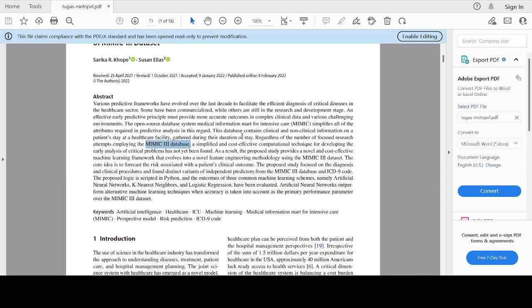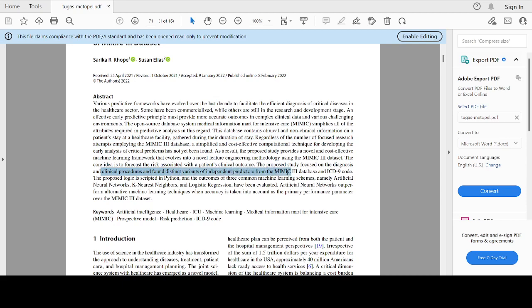It's also based on real hospital data, and it's already coded. I forget the terms, but it's already applied to human research ethics.